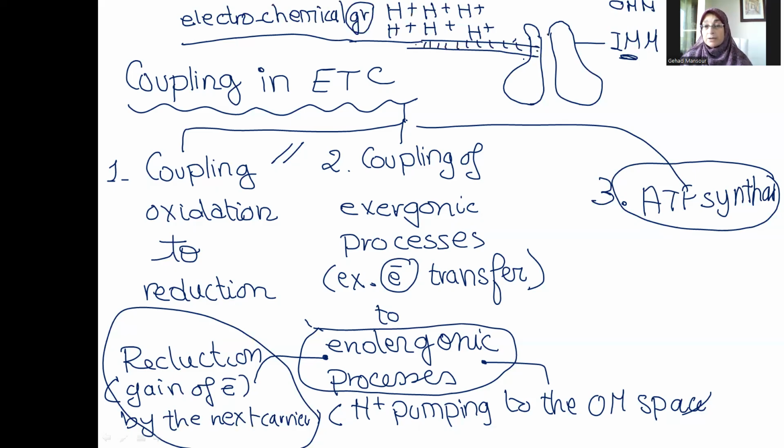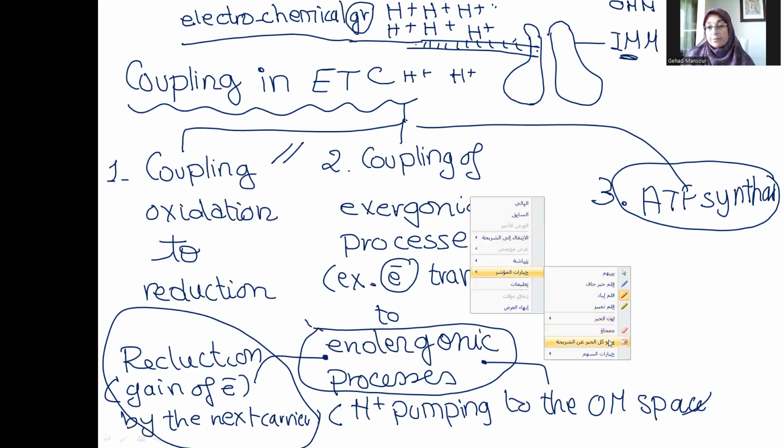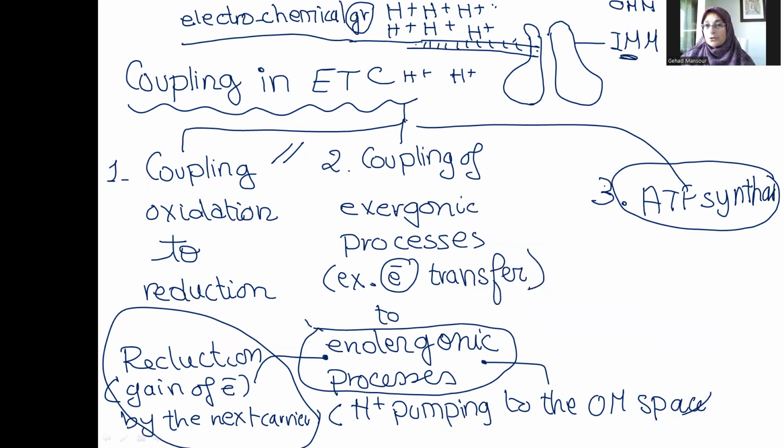Now, is there an electric gradient? Yes, because we have a lot of positive charge outside and we don't have similar positive charge inside, or maybe we have fewer positive charge inside. Is it a chemical gradient? Yes, when we say chemical gradient, we mean a difference in concentration, a concentration gradient.